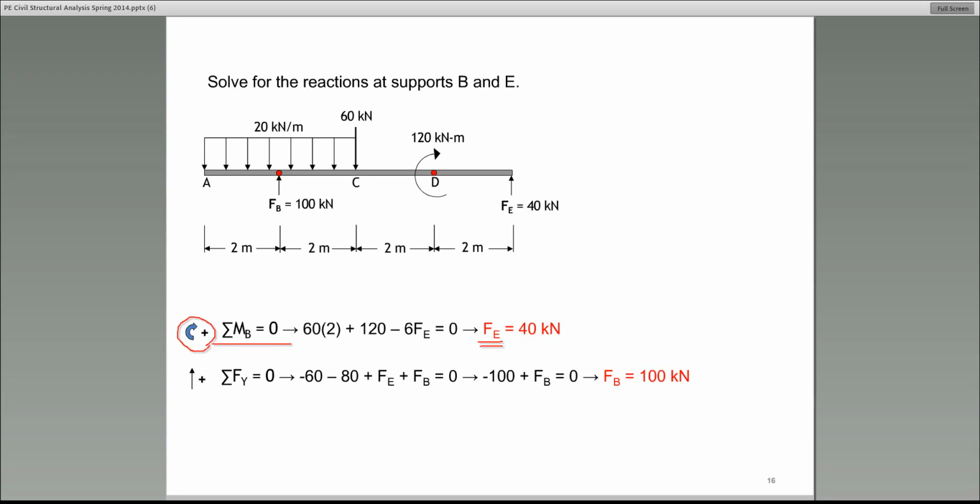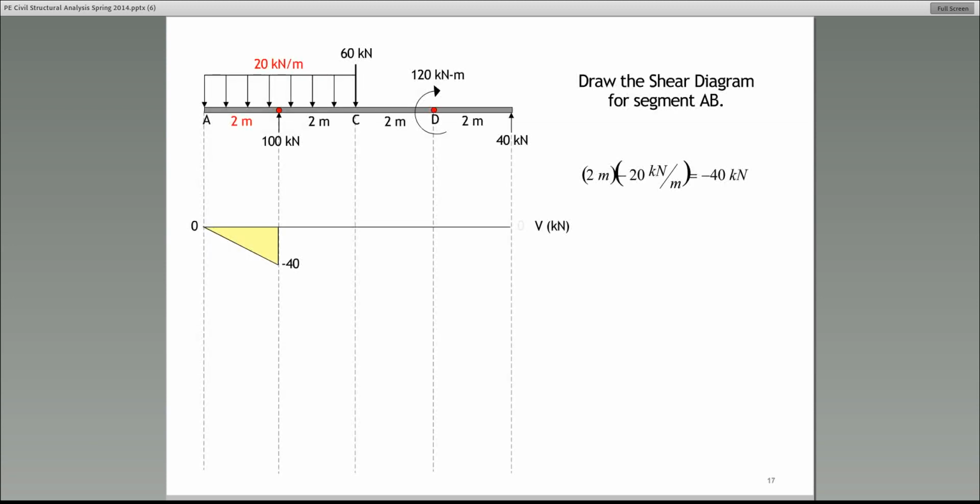Don't need to do it right now, but make sure that you can do that and show to yourself that you could do that on your own. And then once you have the reaction at E, assuming that's correct, then sum the forces in the Y direction and you find the reaction at the other support. All right? Now, once we have those reactions, then we can start drawing the shear diagram.